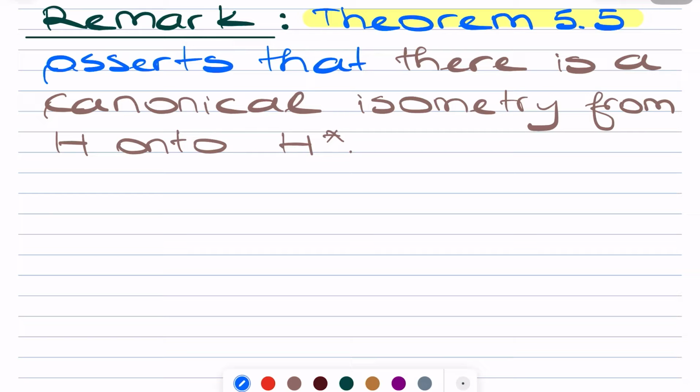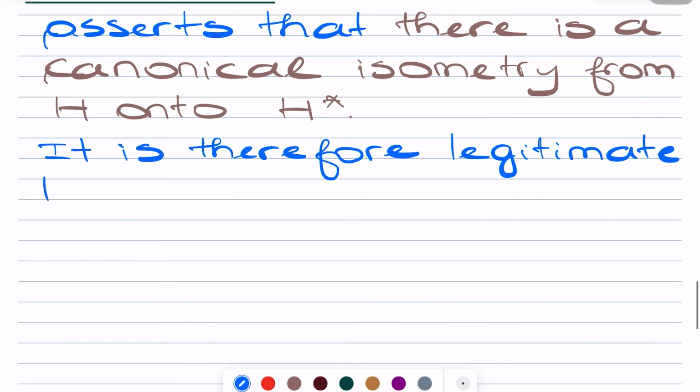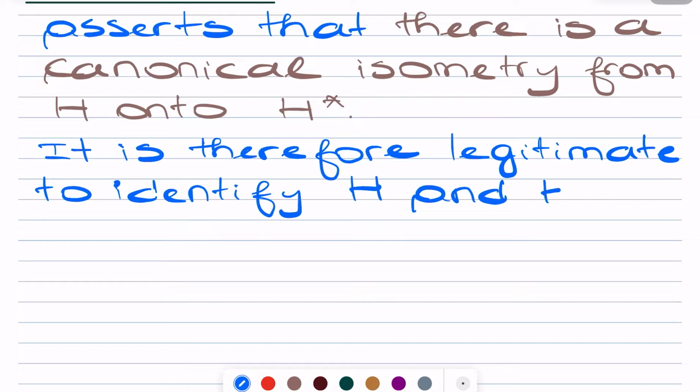Let me write it here. It is therefore legitimate to identify H and H star, right?